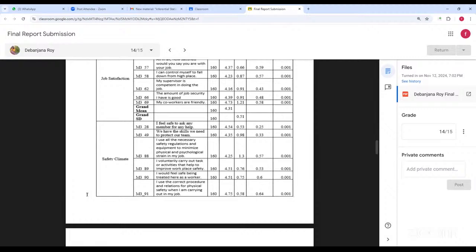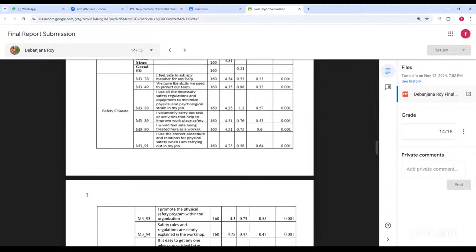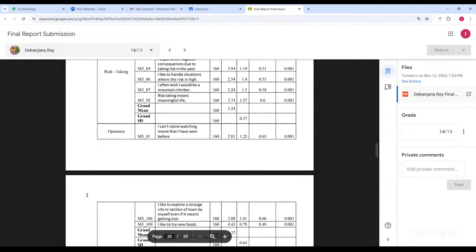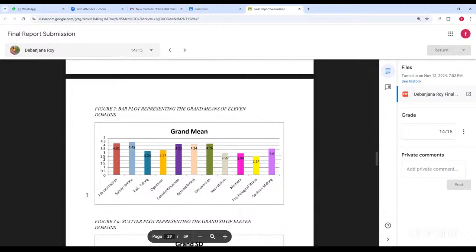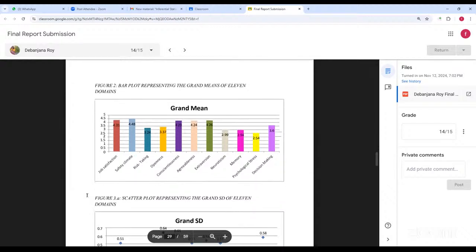Next. So this is the bar plot. Bar plot will not be based upon the mean, but bar plot will be based upon the frequency or percentage.